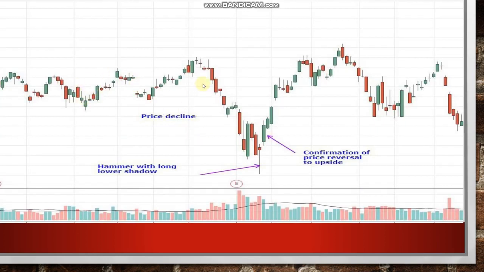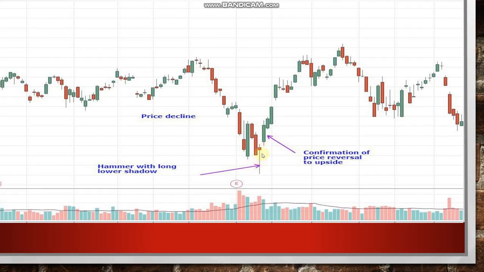Again, you can see the market was in a downtrend, the market was falling, and this is a long wick. See, the size of the wick is much longer than the size of the body. Okay, this is a pure hammer.